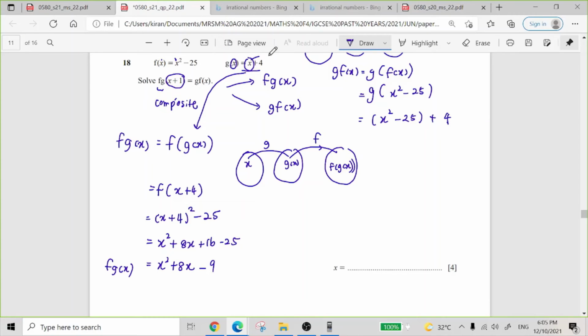It replaces this x. So x squared, negative 25 plus 4, the answer is negative 21.